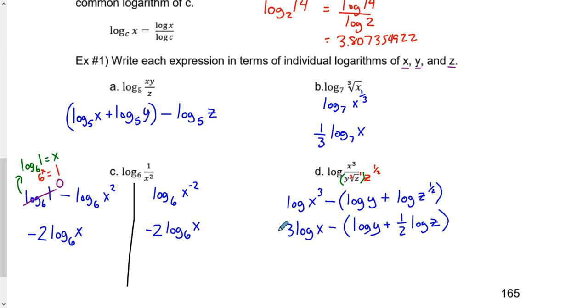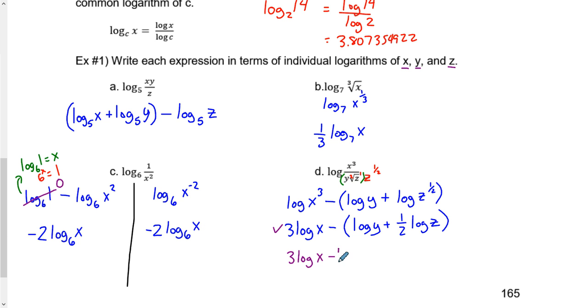Now, this answer is perfectly fine. If by chance, and I think that you have a question very similar to it in your textbook assignment, it basically has that negative distributed in? I'm fine with you leaving something like this, but you'll probably see something like this and have to go backwards.